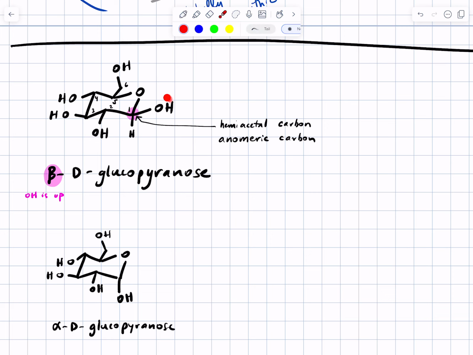When the OH has this stereochemical configuration, we call it beta. When it has this configuration, we call it alpha.